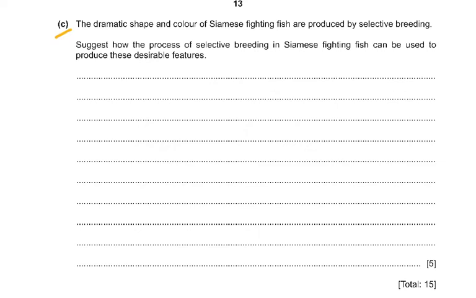You choose the fish with the desirable features, then you cross them or you breed them, and then you have offspring, or the next generation will be produced, and then the offspring with the best features will be selected again to breed, and this will be repeated over many generations. That's a typical answer that you would give for selective breeding or artificial selection.